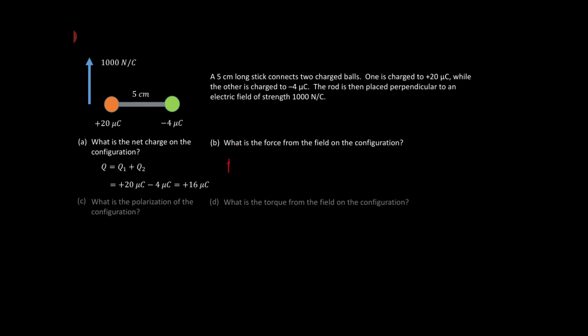So the force, you can do it two ways. Either you can find the force on this and the force on that, and then add them together, or you can, after you've found the net charge, just multiply by the field, which is 1,000 newtons per coulomb. So we have 16 microcoulombs times 1,000 newtons per coulomb.